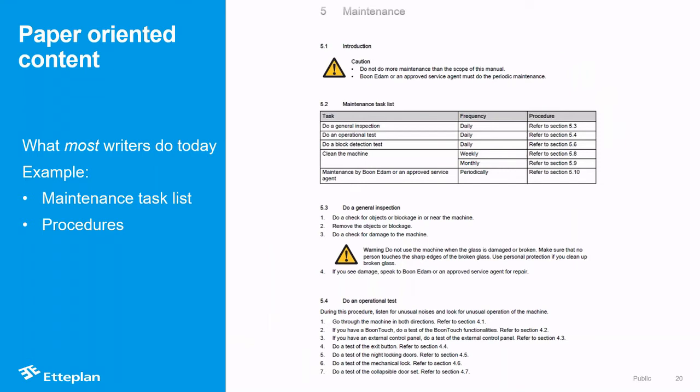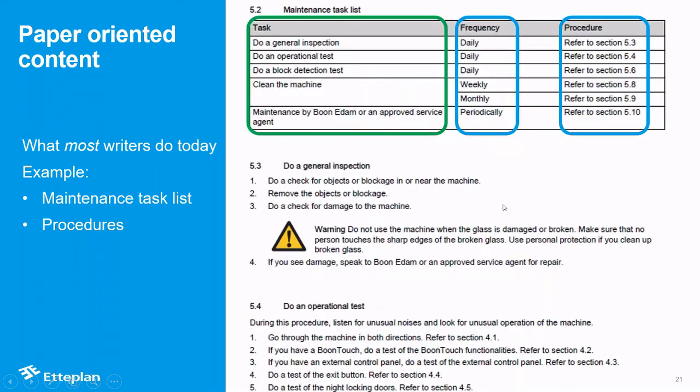If I zoom in on that page, there's a maintenance task list that describes what you have to do on a daily basis, and then it refers to the task itself. Zooming in a bit more, the information that a general inspection is a daily task, and that this is something a user needs to do.